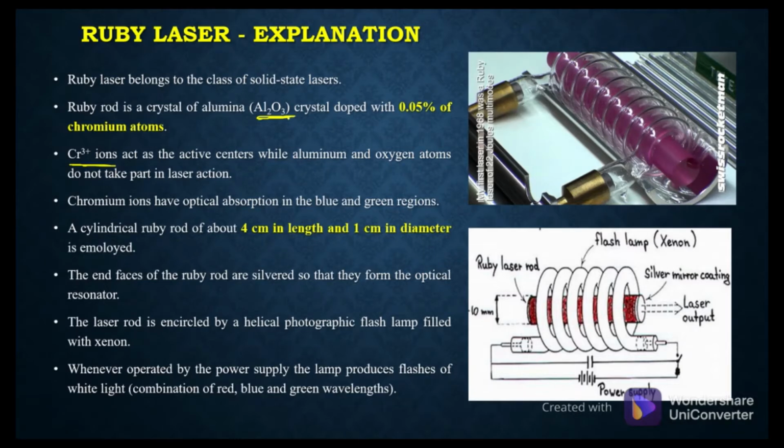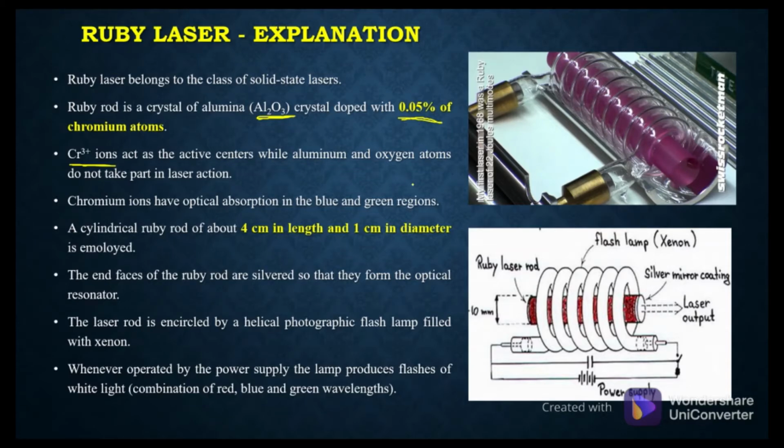Alumina as such cannot generate laser. It is purely inert, it will not generate any light radiation. So it acts as the host material, and in that we are doping only 0.05 percent of chromium ions. Please see how this small concentration of chromium is going to help us realize laser action.